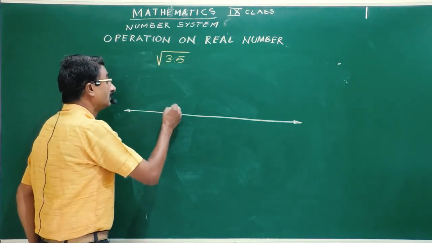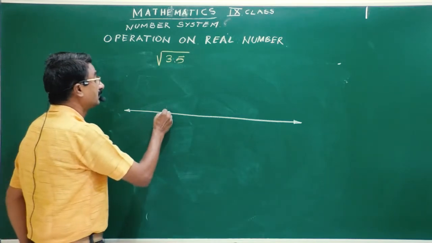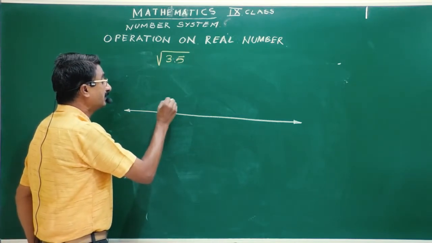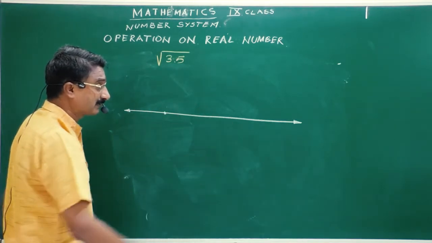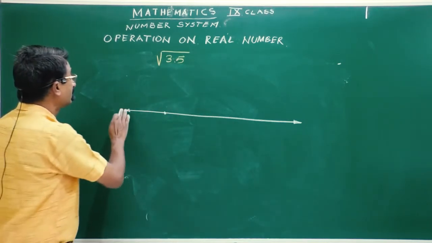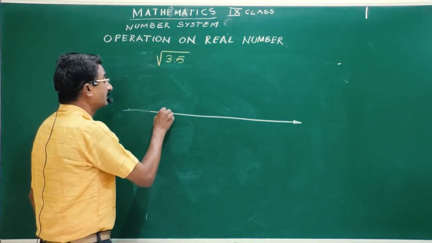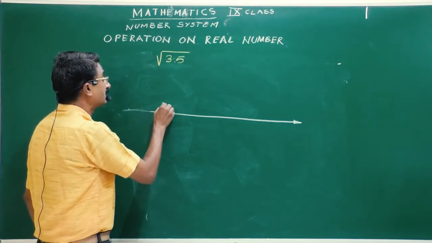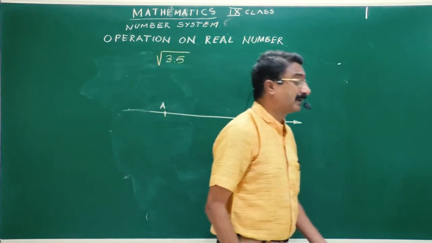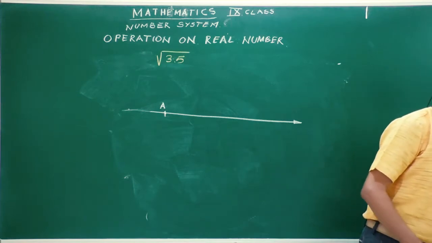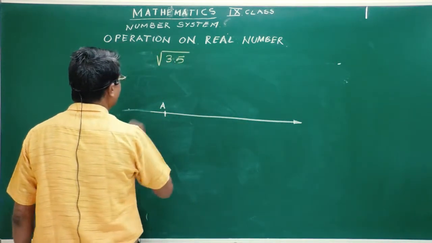For example, I am taking a straight line, any point here. Say this is a number line, and 0 is here. This is point A. I will take the marking from the book so that you can understand very easily. So this is point A, which is the starting point.